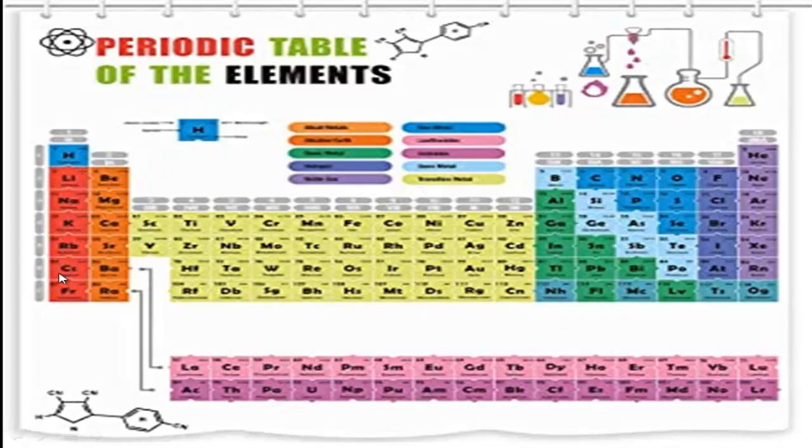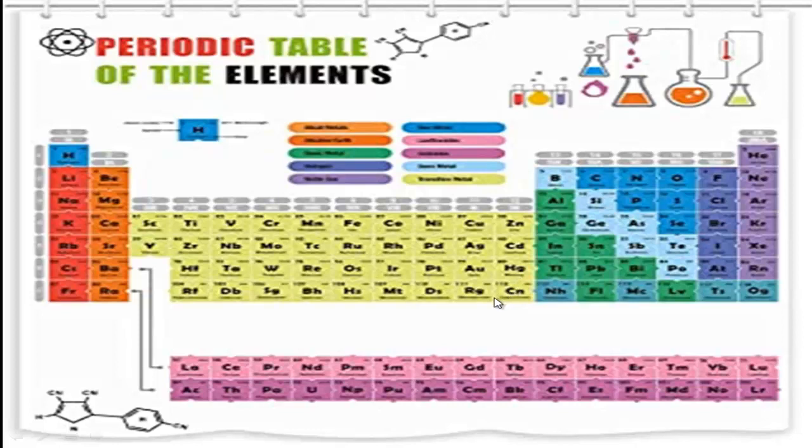This picture is not so clear to you, I know. Here I have just shown it for seeing all elements together. So these letters which are used in this periodic table are actually called symbols.